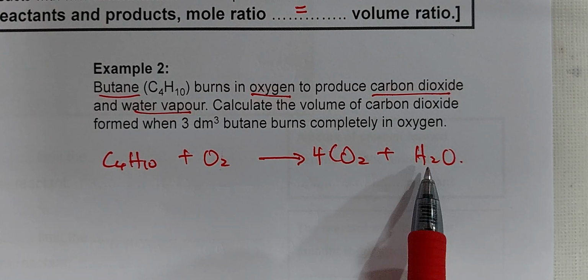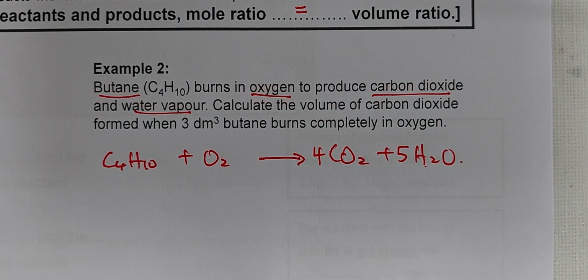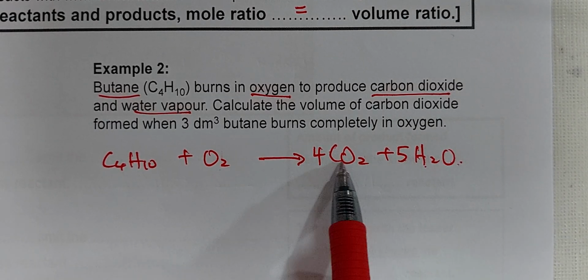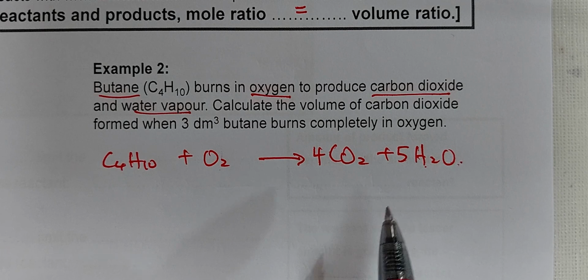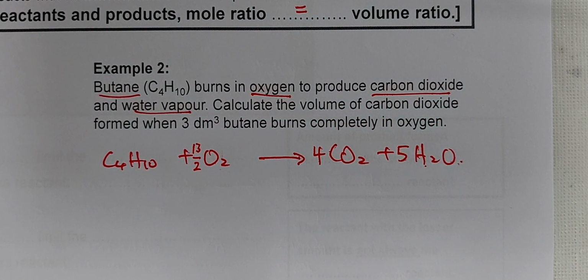What about hydrogen? You have 10 hydrogen. This one has 2, so you put a 5 here. So hydrogen and carbon are balanced. How about oxygen? There are 8 plus 5, 13. There are only 2, so 13 over 2, which times 2 will give you 13.